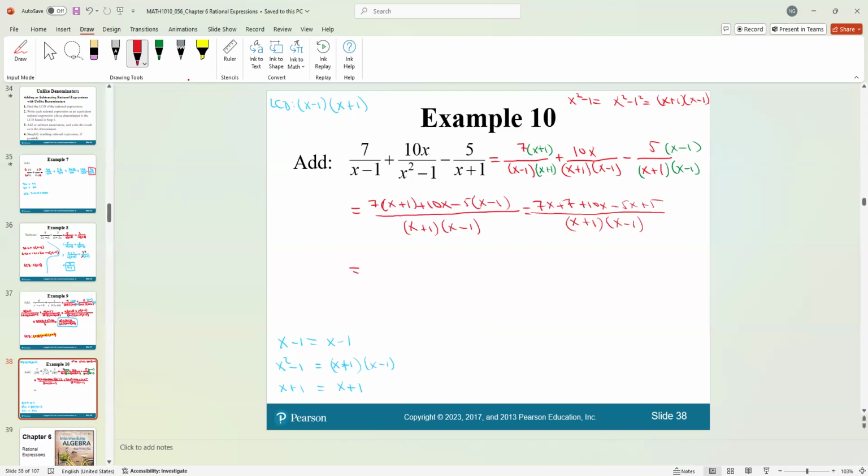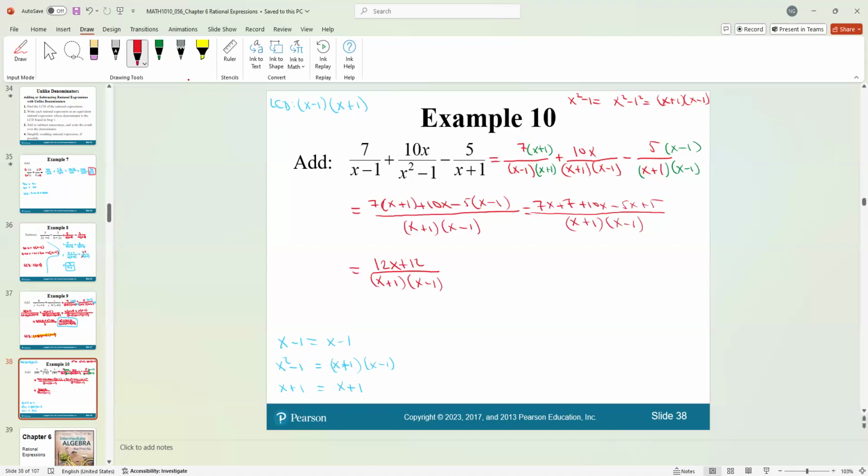Simplify the top, 7x plus 10x, 17x minus 5x would give you 12x. 7 plus 5 gives you 12. Look at that, x plus 1 times x minus 1.